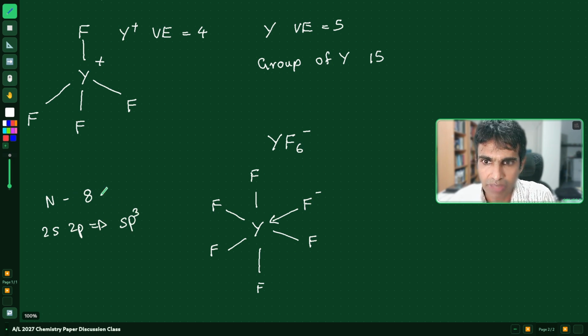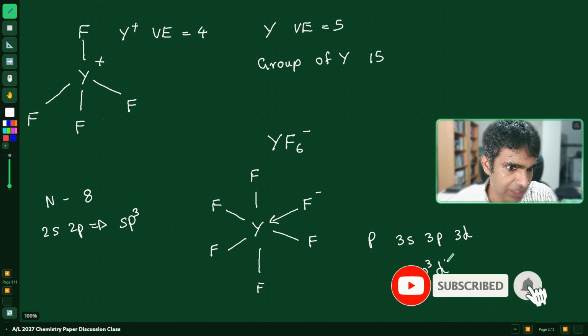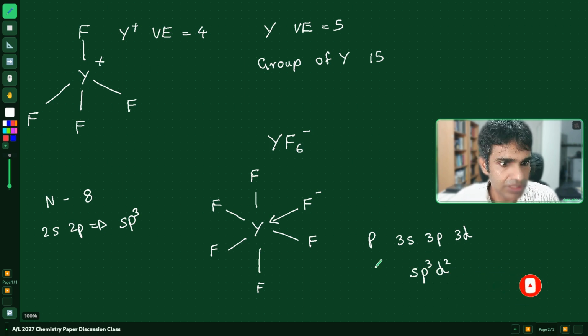But when we consider phosphorus, valence shell is third principal energy level, so it can reach sp3d2 hybridization, and there can be 12 valence electrons around the phosphorus atom when the hybridization is sp3d2.